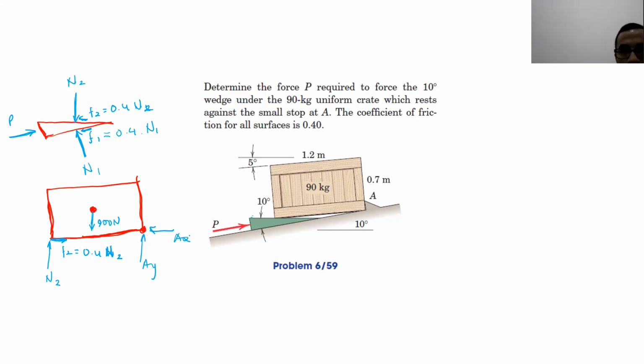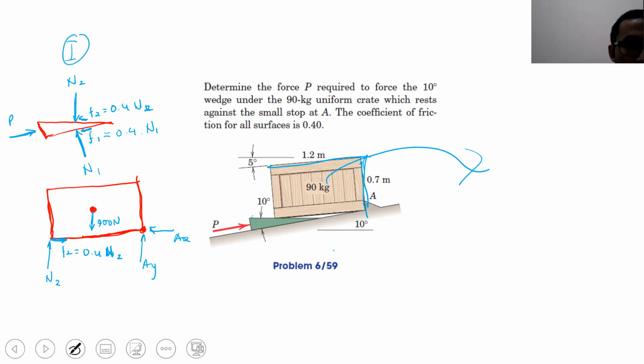Okay, for this one, in order to solve it, because we have the length here and the length here, the height and the length, right? So there will be 3 equations that we have for this particular crate. So this one is the first free body diagram and this one is the second free body diagram. For our second free body diagram, we will have 3 equations.